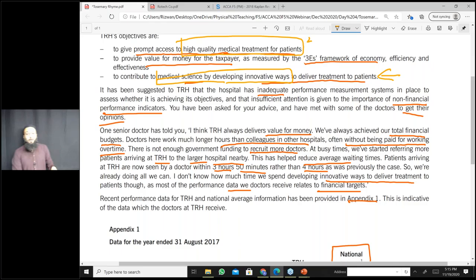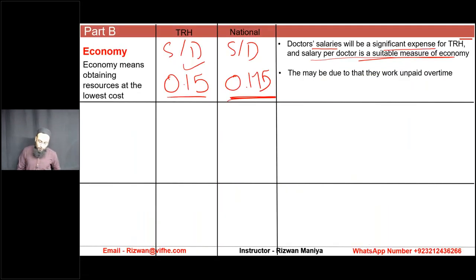So their salary doesn't include overtime, and that is why their cost is less. Wow, see, a clear link here. Awesome connection. This may be due to the fact that they work unpaid overtime. Get it?